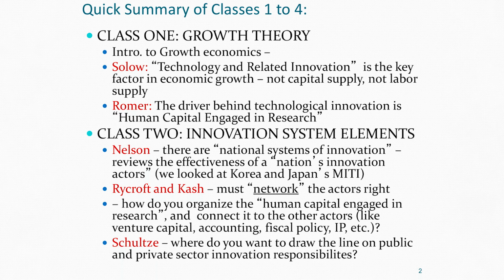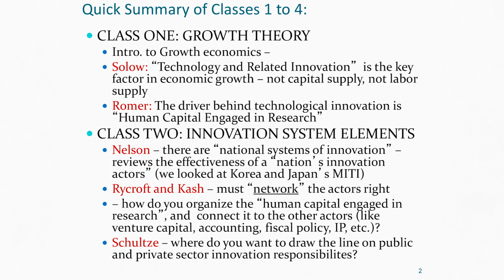And then we read some other pieces in there. I'll highlight a couple. Don Cash and Robert Rykoff said, you've got to network the actors, right? It's the network, the strength of the network of the actors that's now, particularly in a 21st century context, particularly critical.